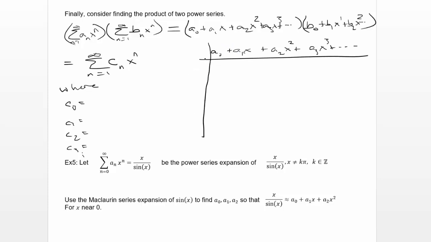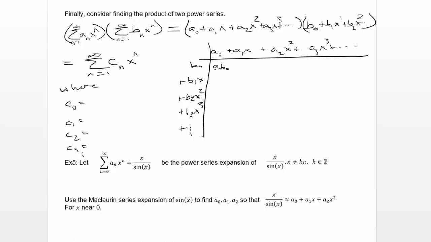And then I'll write the second polynomial going down: b0, b1x, b2x squared, b3x cubed, and you keep going down. The product of these two things is what I get when I multiply down and across. For you biology people, this is like making an infinitely large Punnett square. The product of the constant terms is just a0 b0.